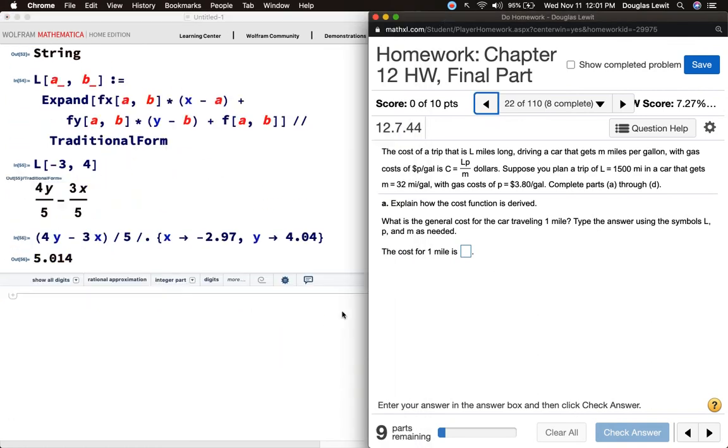Okay, so problem 22. This is where we need to use differentials.